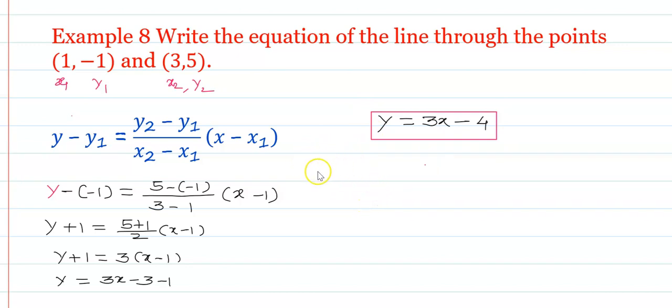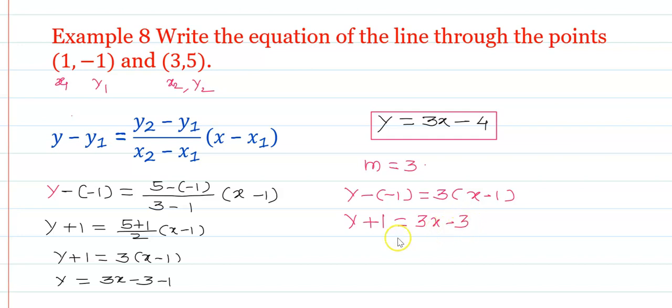Instead of this, you can find the slope of the line. Then what is the slope? The slope is m is equal to 3. Take any one point. Suppose I take (1, minus 1), then the equation of the line is y minus (minus 1) is equal to 3(x minus 1), and simplifying, y plus 1 is equal to 3x minus 3.